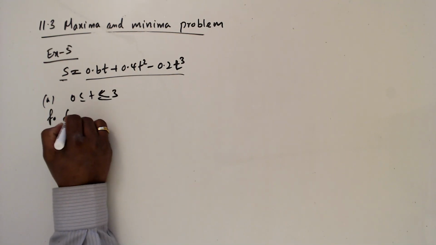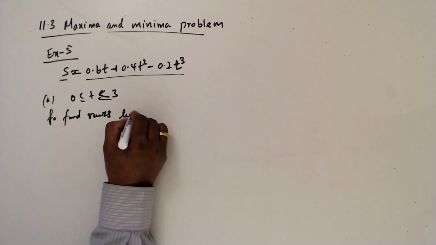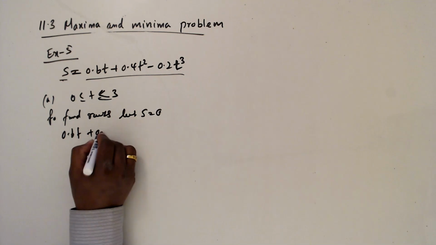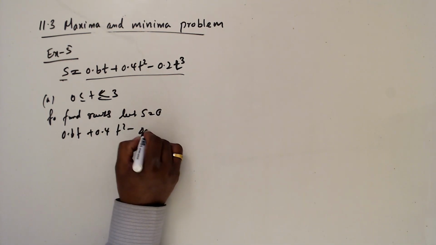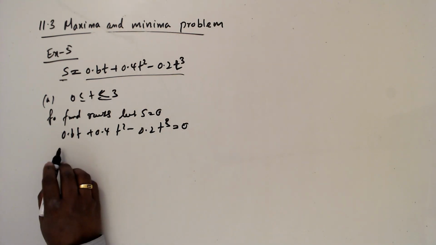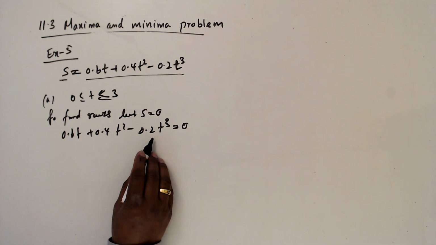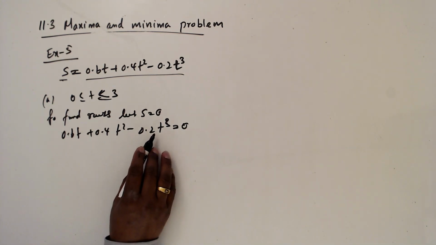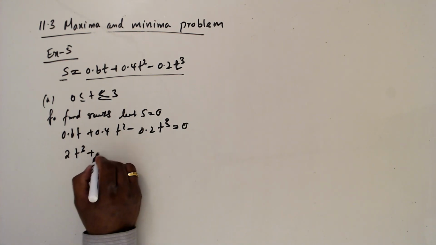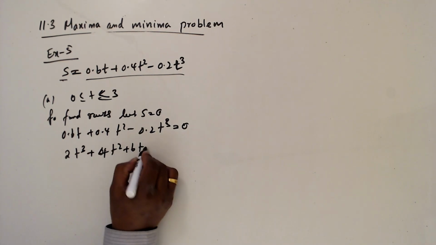To find roots, let s equal 0, then 0.6t plus 0.4t squared minus 0.2t cubed is 0. So I can multiply everything by minus 10, and then this becomes positive: 2t cubed minus 4t squared minus 6t equals 0.